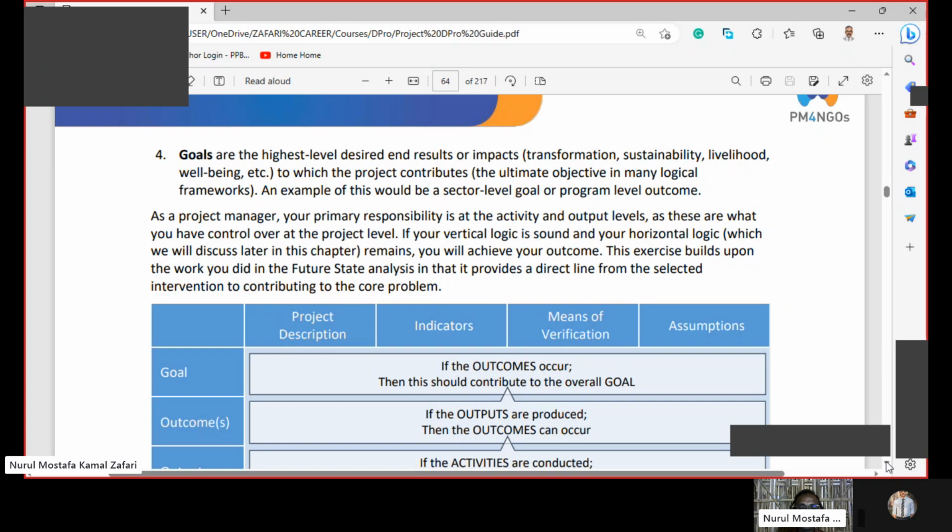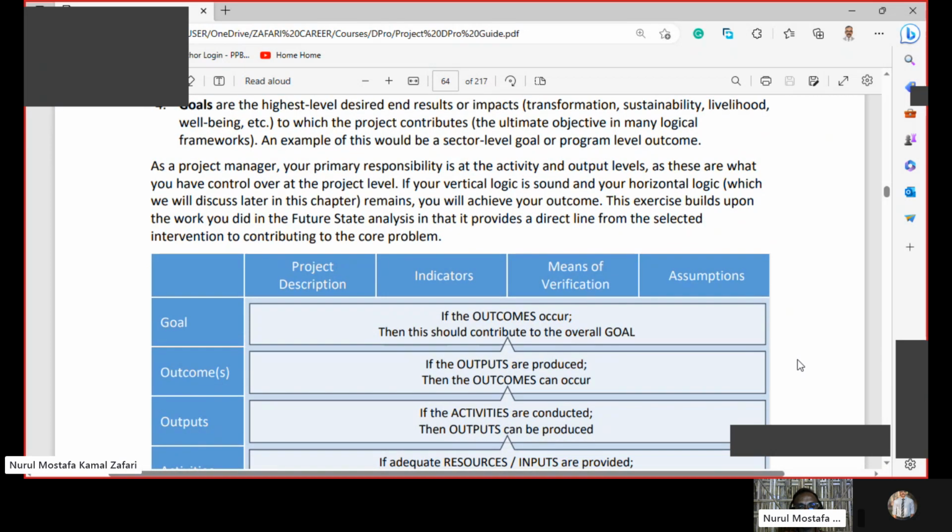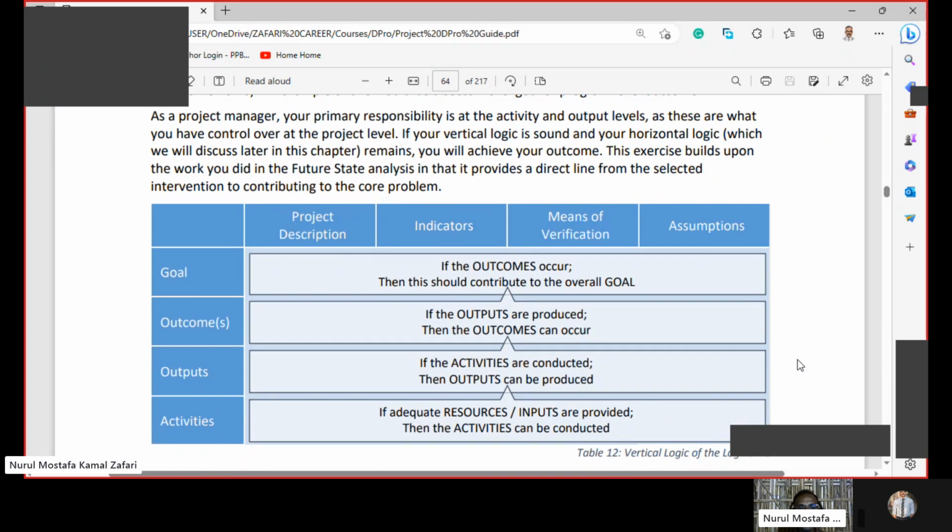The columns are called vertical logic and the horizontal rows are called horizontal logic. In a project management structure, if we can hold the horizontal logics and the vertical logics true, it means the project is successful. So let us start from the table.